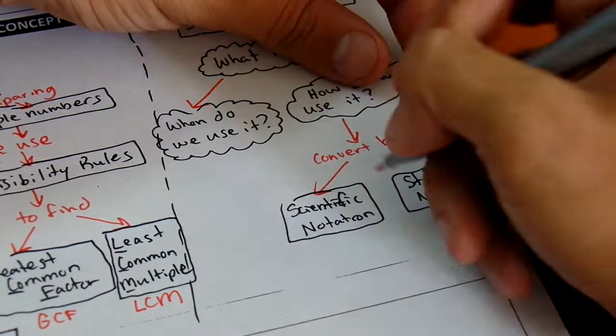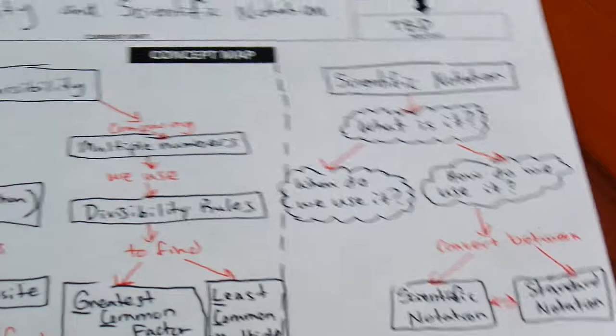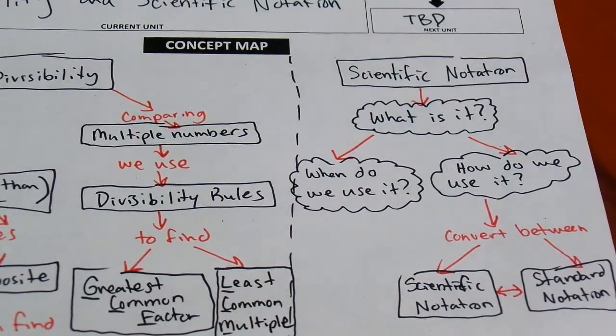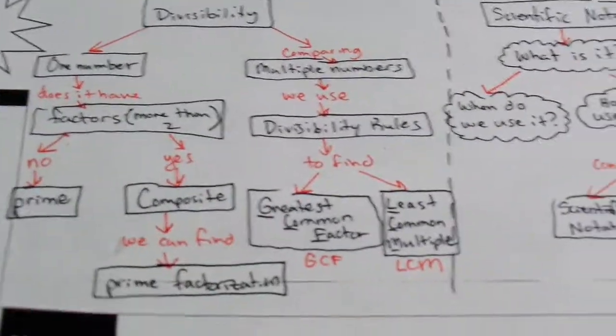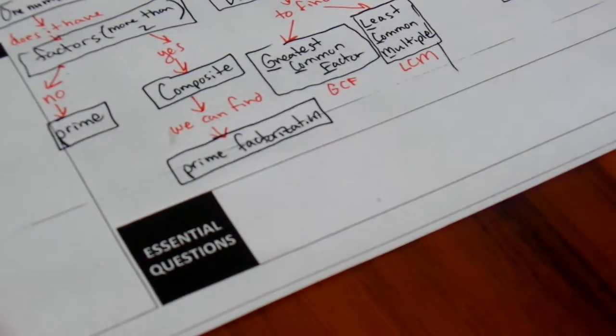And these two we're going to convert back and forth. You're going to learn how to do that. So there's our scientific notation. Now if you notice, mine is very neat and organized, so I hope yours is very neat and organized.